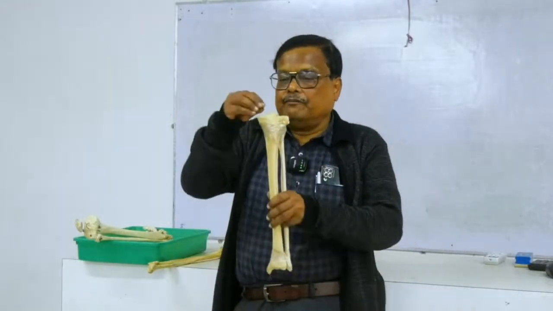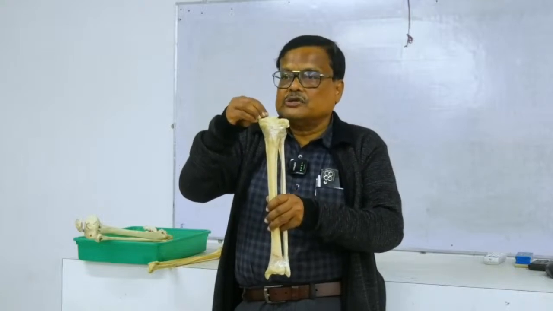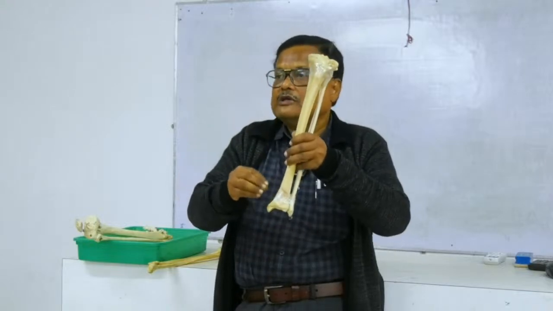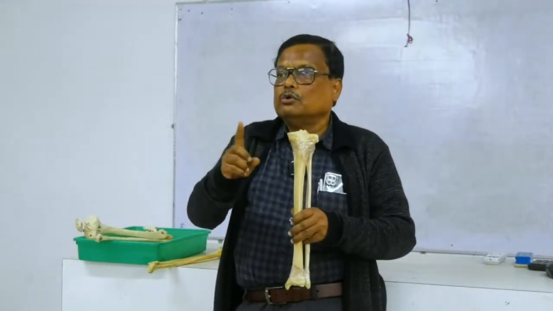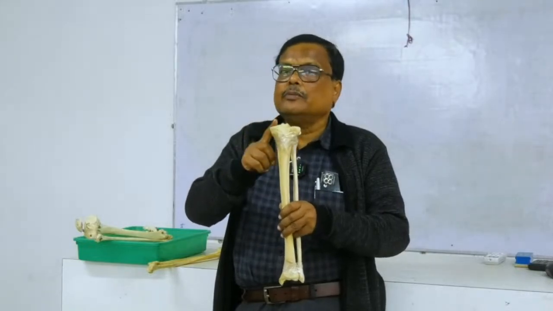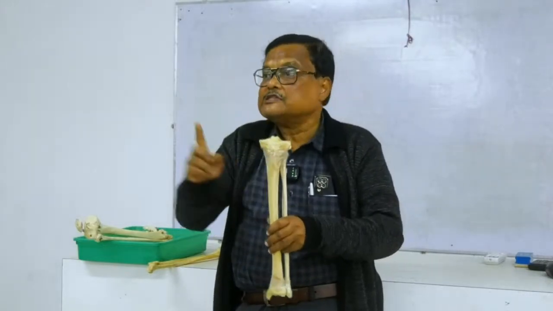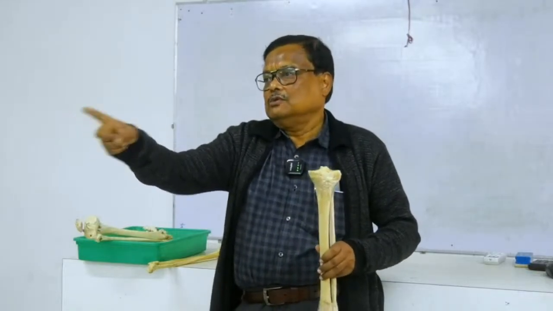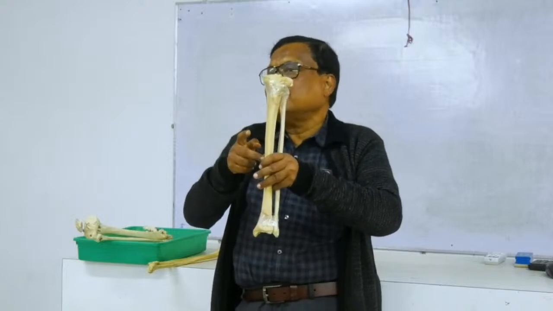So if the proximal epiphysis appears first, for example at 1 year, and the other appears at for example 4 years, the law states, listen very carefully, that the secondary center of ossification that appears first joins with the shaft last. The center that appears last joins with the shaft first.